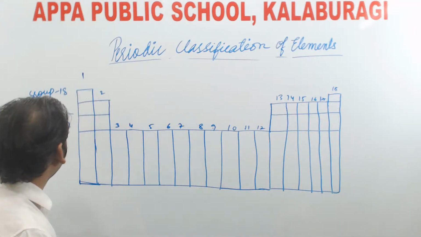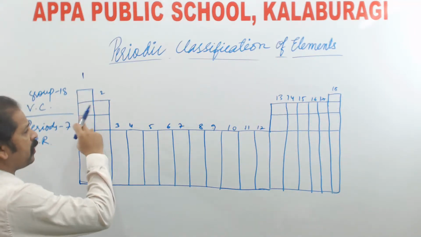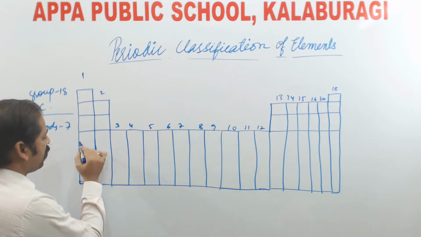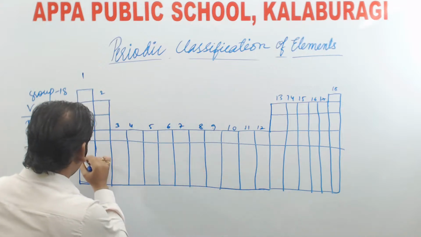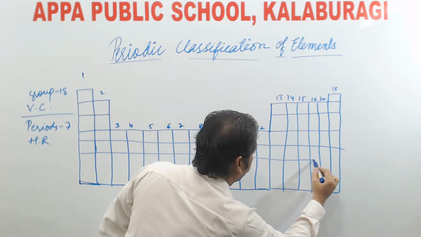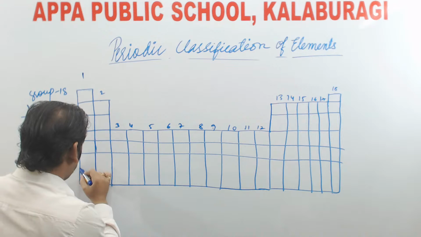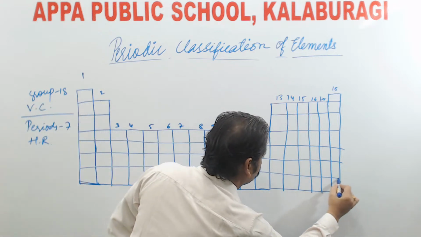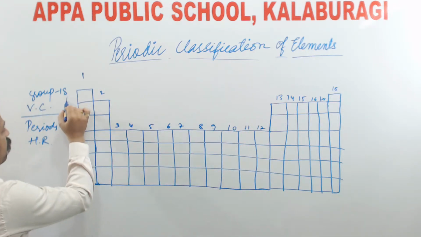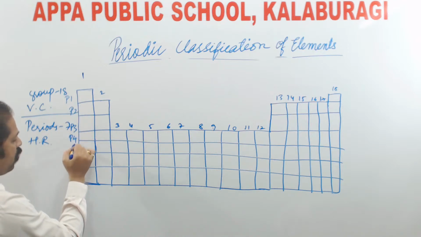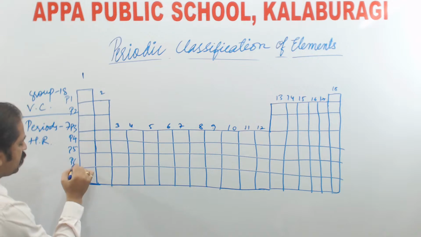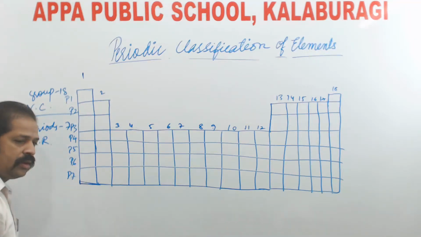See here, period number 1, period number 2, period number 3, period number 4, period number 5, period number 6, period number 7.